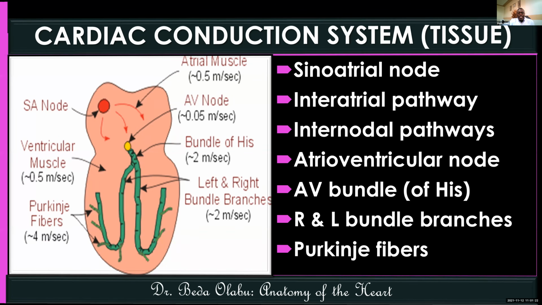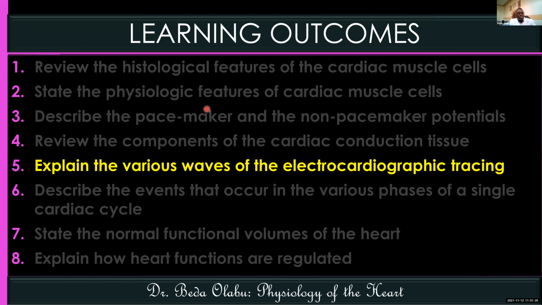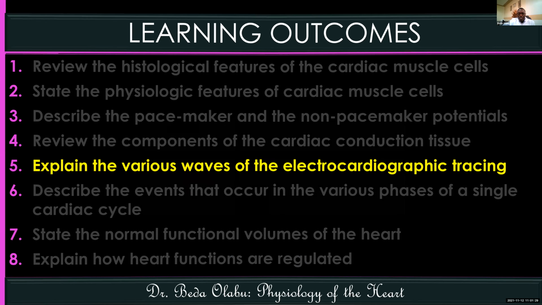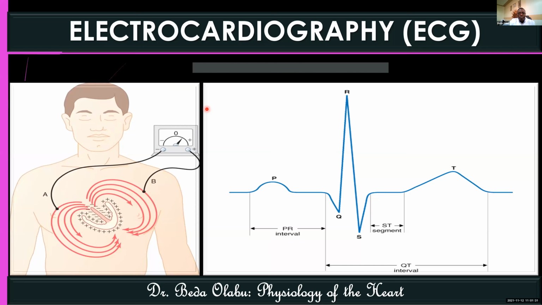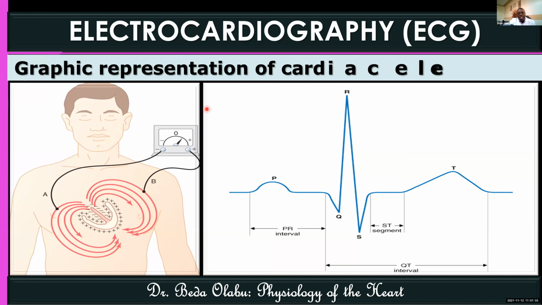If you've captured that, let's translate that to the ECG, and this will require your attention so that we grasp it well. The ECG is a graphic representation of the overall cardiac electrical activity.